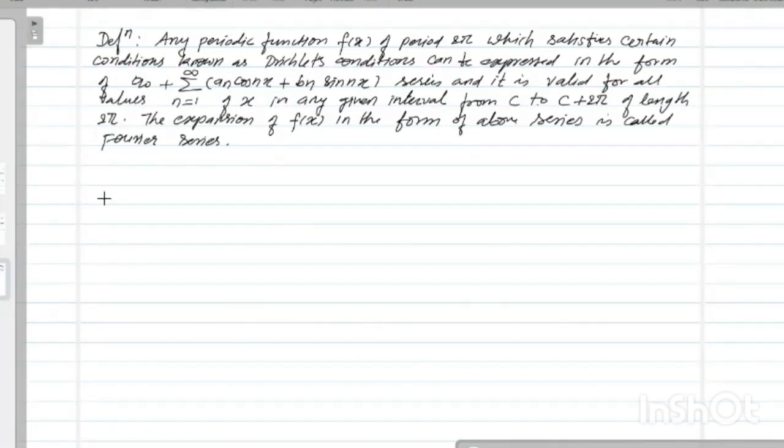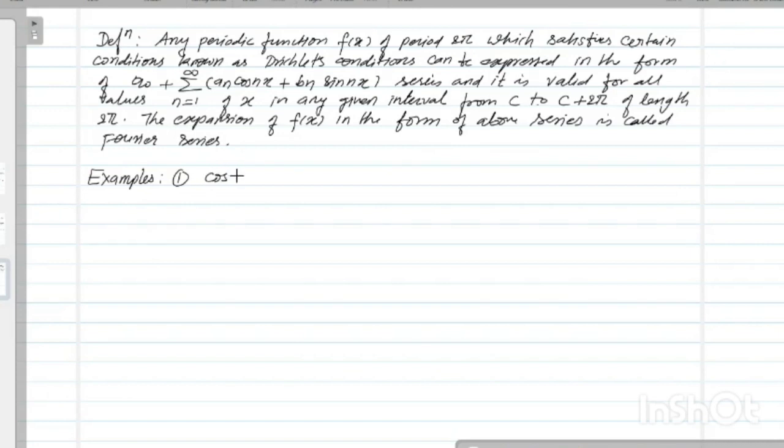Okay, and examples: which function can be expressed as a Fourier series and which function cannot be expressed as a Fourier series. Example number one. Which function can be expressed as a Fourier series?